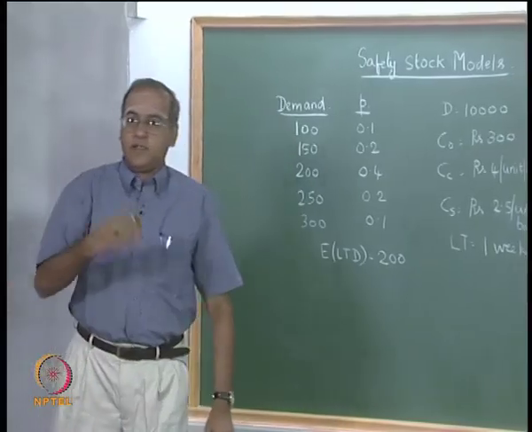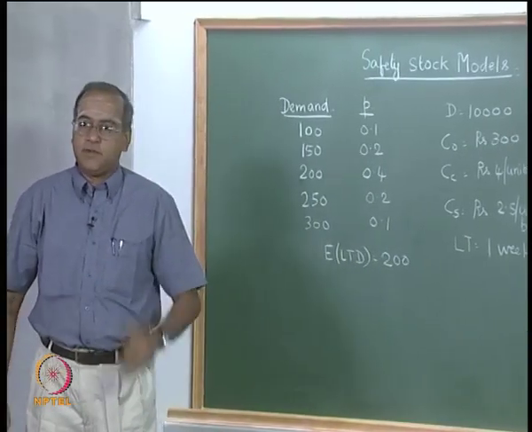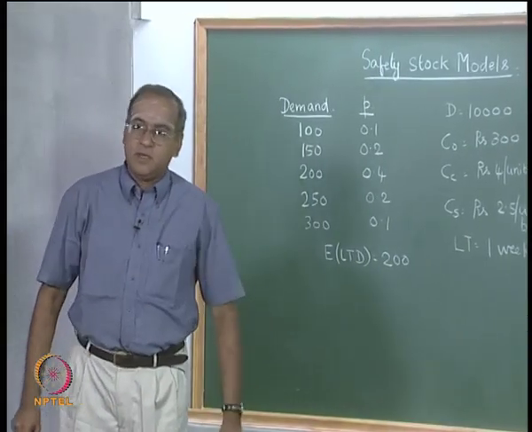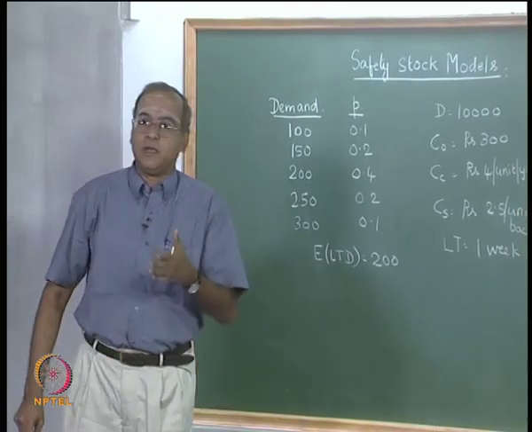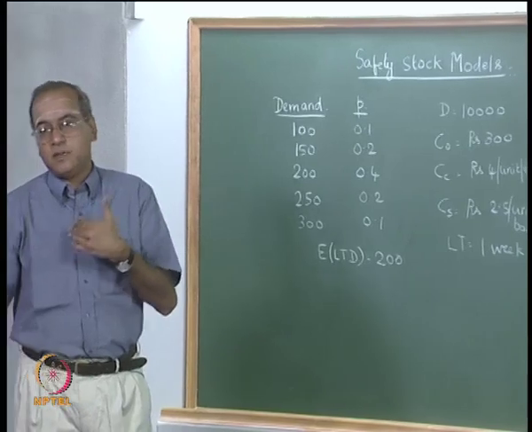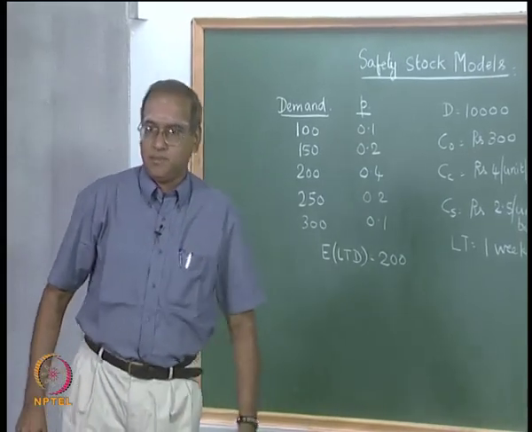We also defined the reorder level, which is the level at which we will place the next order, and we defined the safety stock to be the difference between the reorder level and the expected value of the lead time demand.